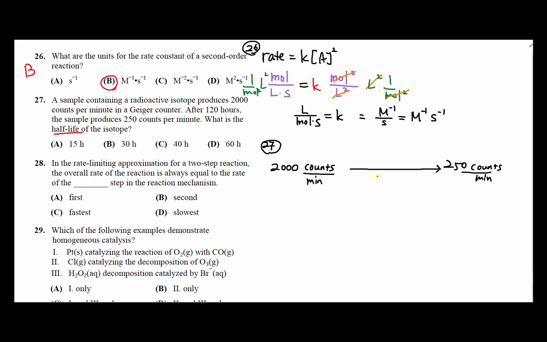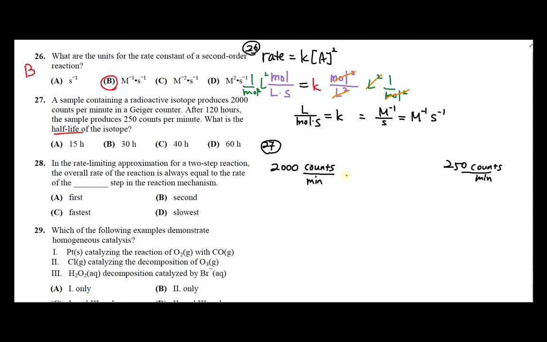One easy way, instead of using any calculation, is to simply divide by half as we go on. The definition of half-life is that any concentration you start out with becomes half, and we would like to know how long it takes. If it's first order, we expect that to be constant. If it's zeroth order or second order, it's going to be different.